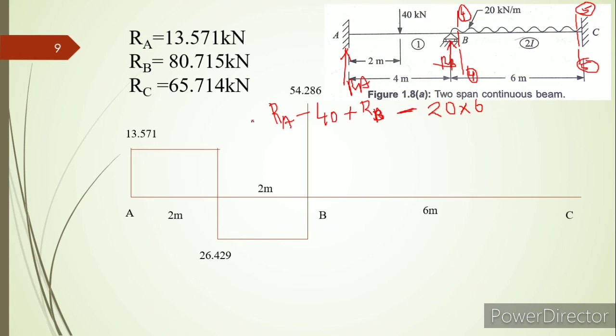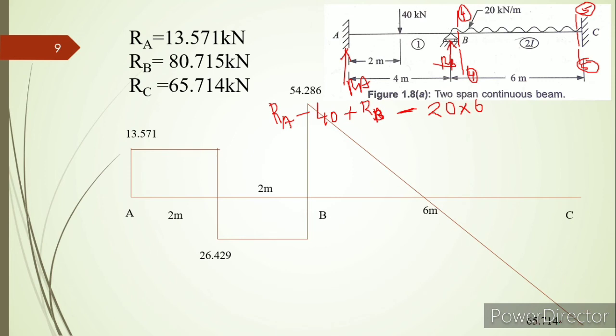So just to the left of support C, shear force is equal to RA minus 40 plus RB minus 20 into 6. By substituting the values of RA and RB, we get minus 65.714.